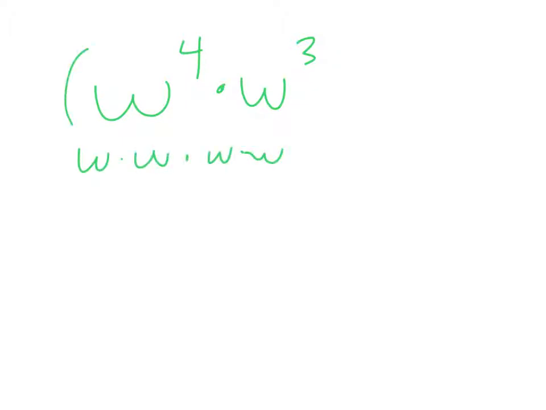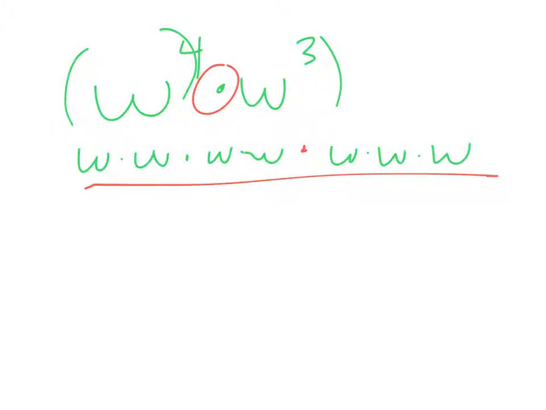If I have, say, w to the fourth power times w to the third power, remember that that simply meant w times w times w times w is that first one here, and then the second one here is w times w times w. And since this was a multiplication problem, it just became one long multiplication problem, so therefore we could just call it w to the seventh.